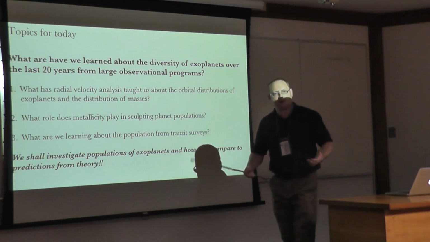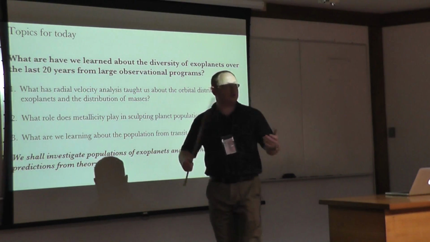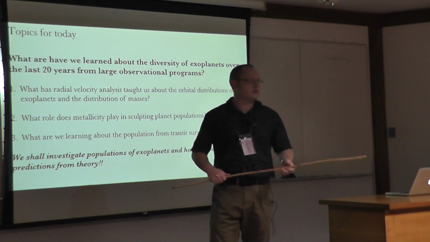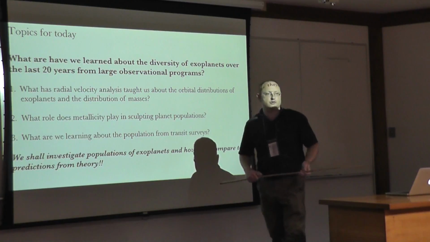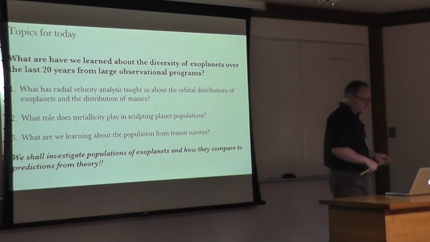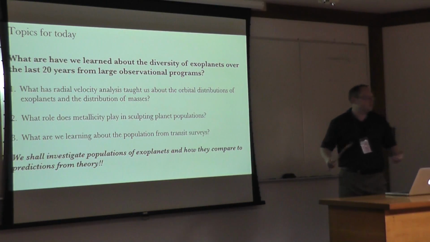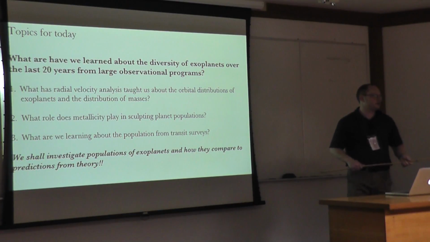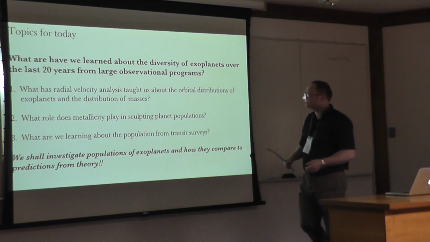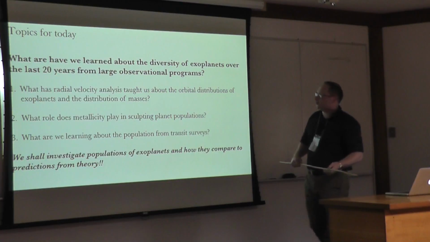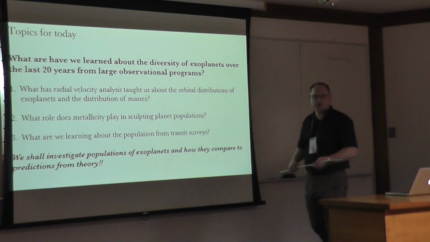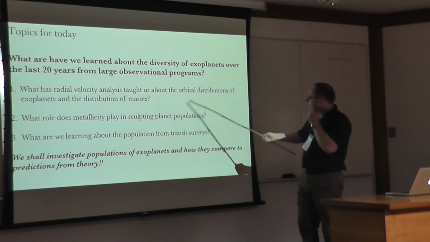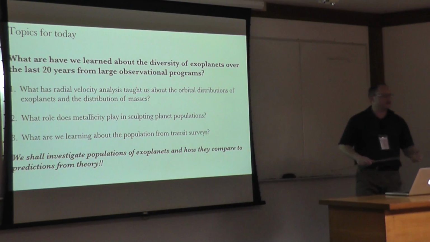We started yesterday by looking at how rare or how common our solar system is. And so I want to look at what the response to that question would be at some level. We're going to look at what we've learned from radial velocity analyses over this past 20 years, looking at the orbital distribution, the mass function, etc.